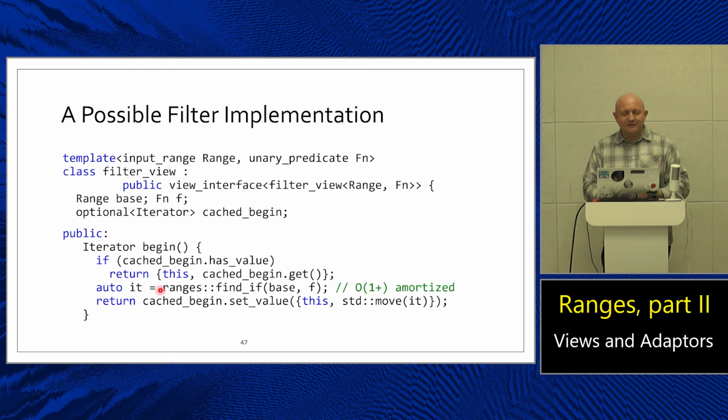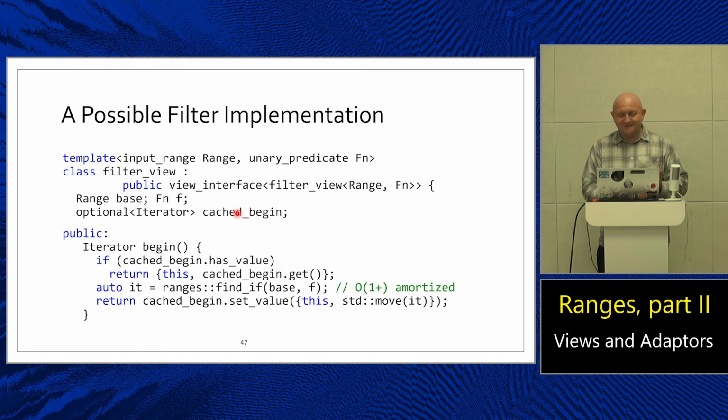And if it is already cached, we're just returning it. Doing real work once when caching the result is fine. So we add an optional cached iterator, and our filter now stores the base range, the predicate, and a cached begin iterator. And things are getting a little heavier.